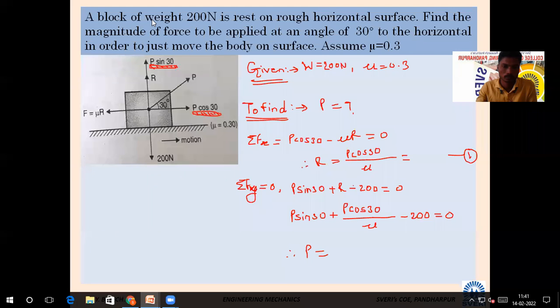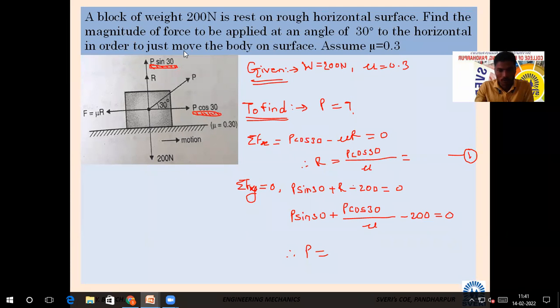Yes, sir. Okay. Patil Sandeep 57. What is your answer of P? Not solved, sir.